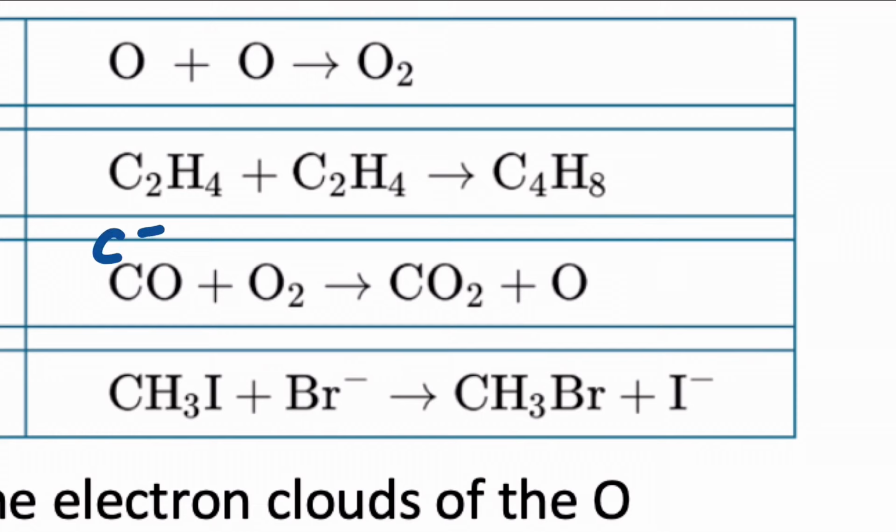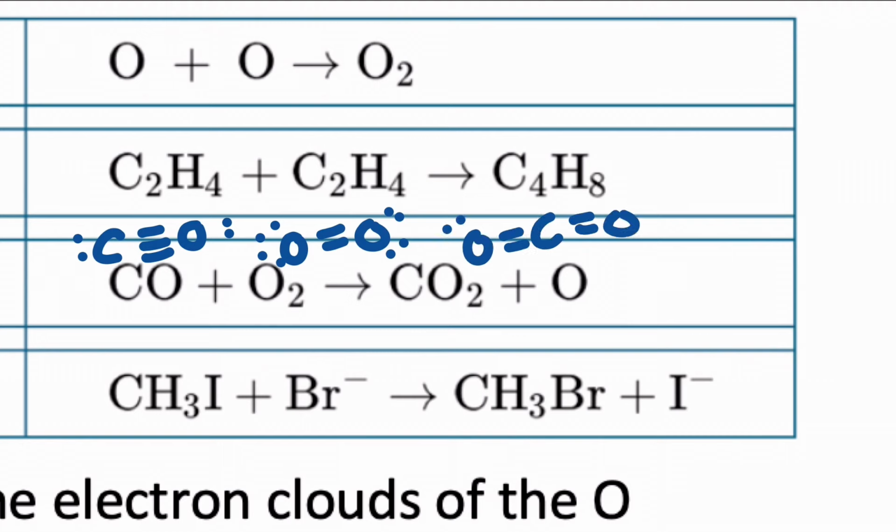So if I think about what those molecules look like, there's carbon monoxide, here's oxygen, and it makes a carbon dioxide. I don't really need to draw them for this, but I'm doing it for this exercise. And then an oxygen, just an oxygen atom.